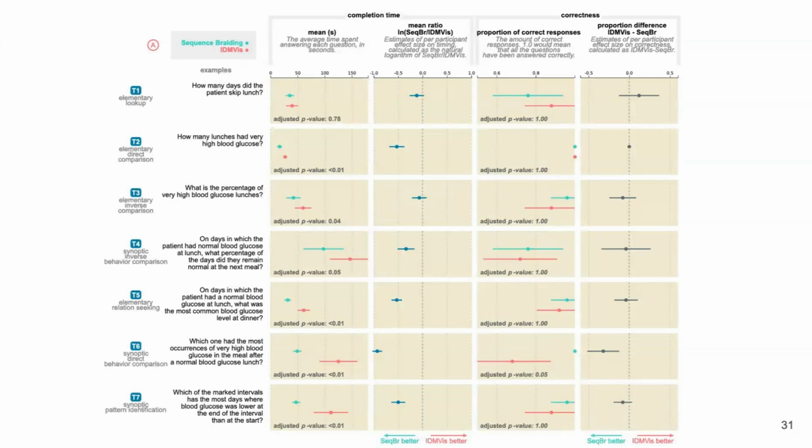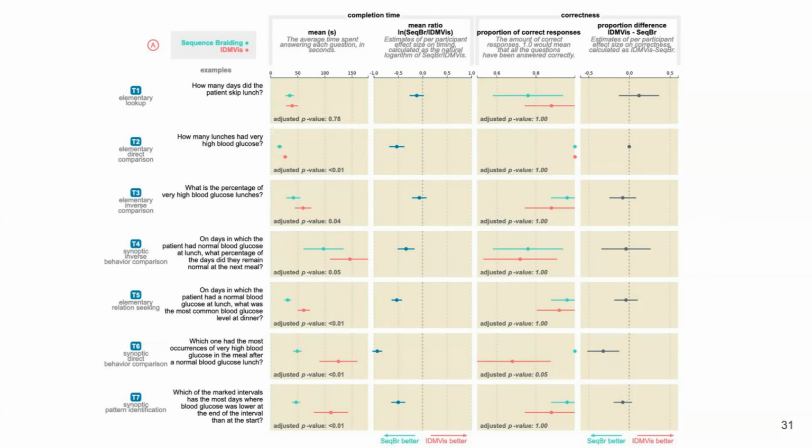It's not necessary to go into the details of that one, but basically for every task that I had to measure the accuracy and the timing that the users had on using one visualization or using the other.